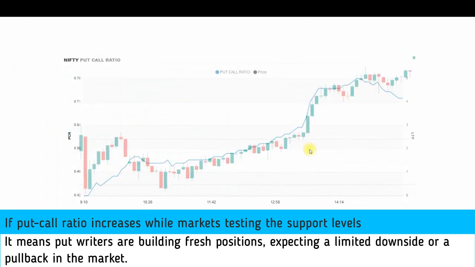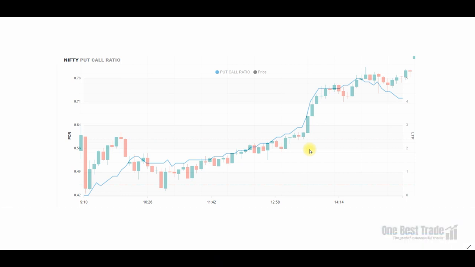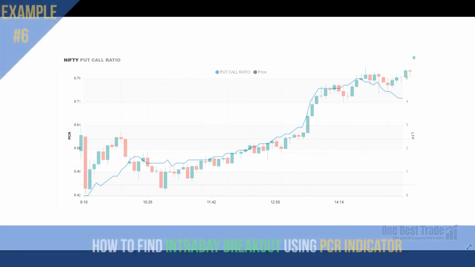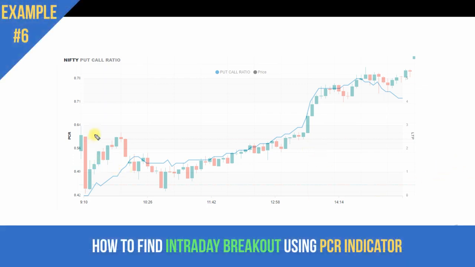Friends, let's get into last leg of examples. In these examples, we are going to learn how to spot or identify breakouts and breakdowns using PCR indicator. Look at this example, friends. The price is trading within the morning range, right?